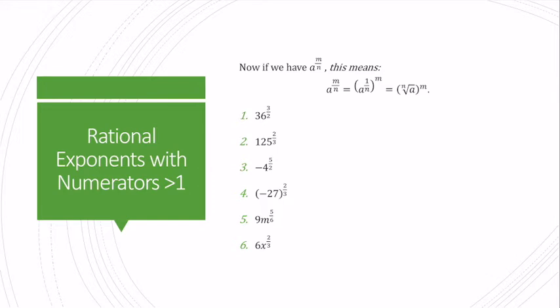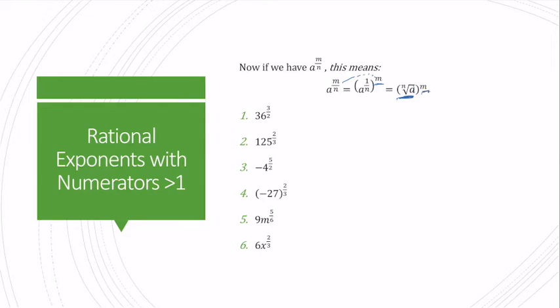Now, let's say our numerator isn't 1. Then it's not so nice. It's not clearly a root, right? If I have a to the m over n, this means I could pull out a factor of m, right? So I have a to the 1 over n to the m power. So essentially I'm taking the nth root of a to the m power.